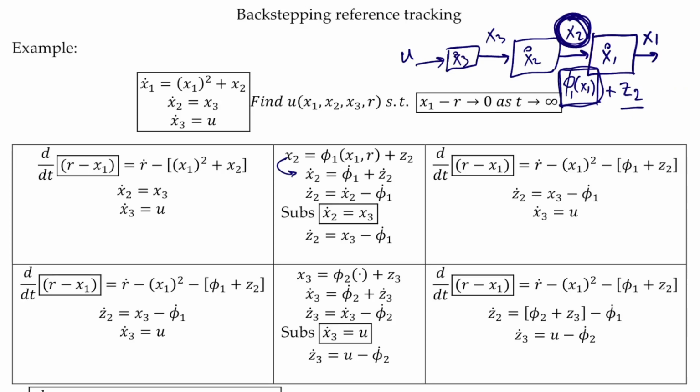This z2 term is that term, the error between the x2 signal and the signal that we want x2 to track. In a way, z2 is the x2 reference tracking error signal. We can consider it in that way. So here we can write down the dynamics in this form.